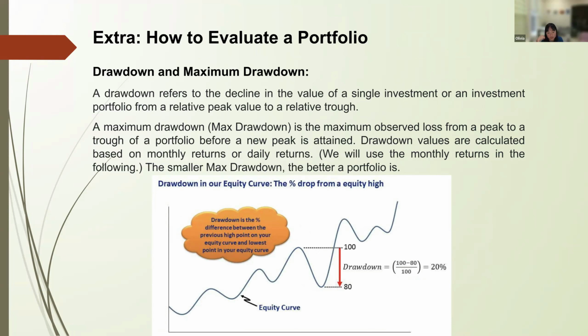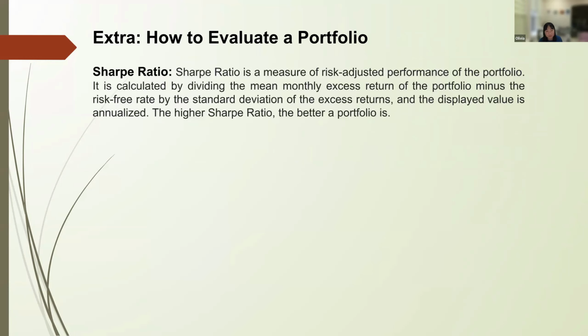Basically, it's the percent difference between the previous high point on your equity curve and the lowest point on your equity curve. Again, the smaller the max drawdown, the better a portfolio is, because of course you wouldn't want to have a lot of losses, right?